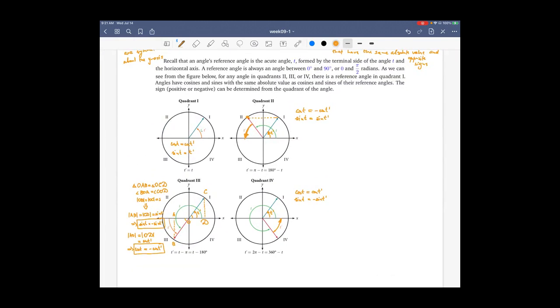So once again, wherever you are, one can always relate the values of cosine and sine of any angle to some angle in the first quadrant.